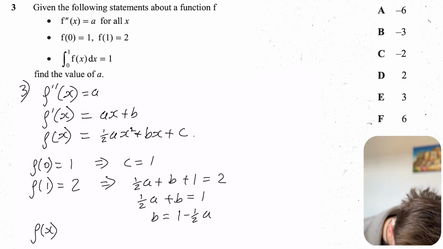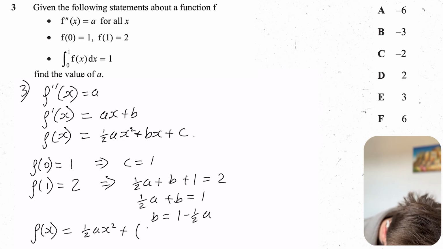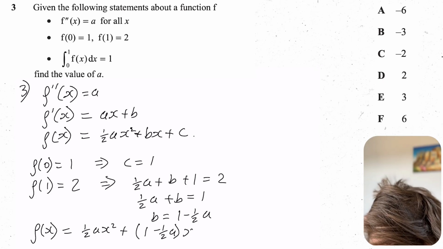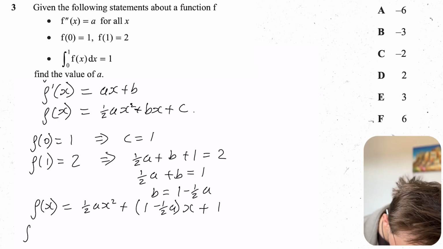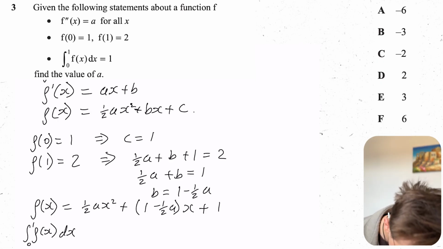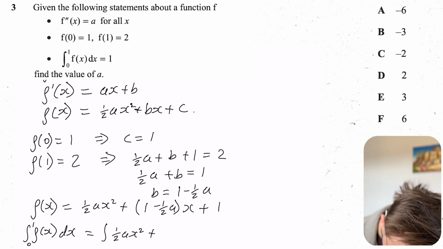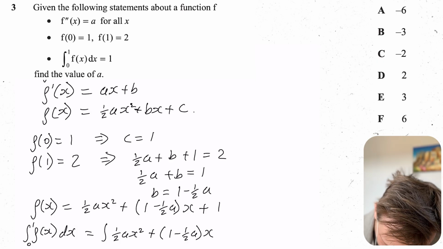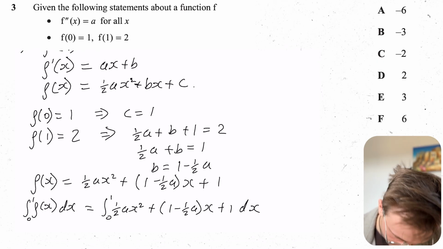f of x equals a half ax squared plus 1 minus a half a times x plus 1. And then the integral of that between 0 and 1 dx equals the integral of a half ax squared plus 1 minus a half a x plus 1 dx between 0 and 1.